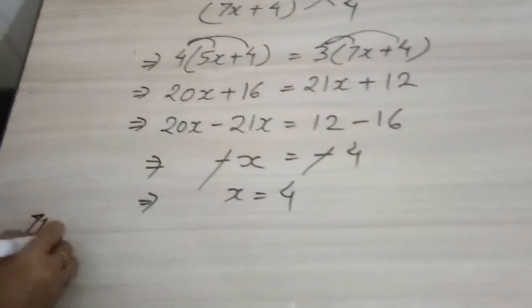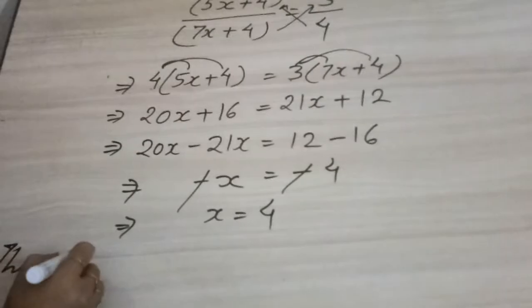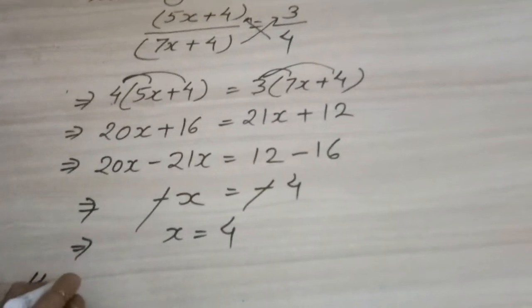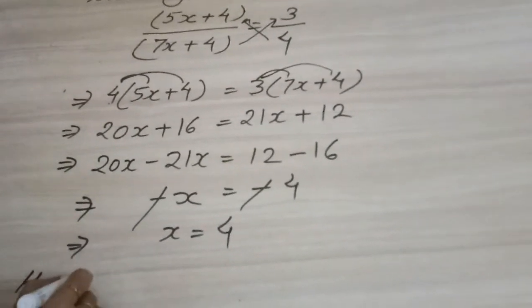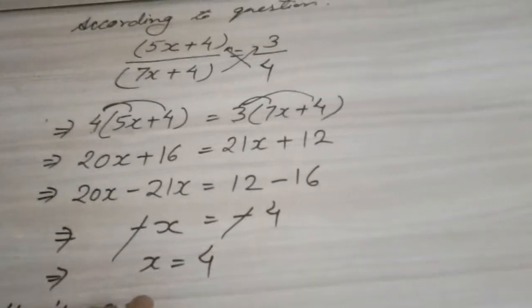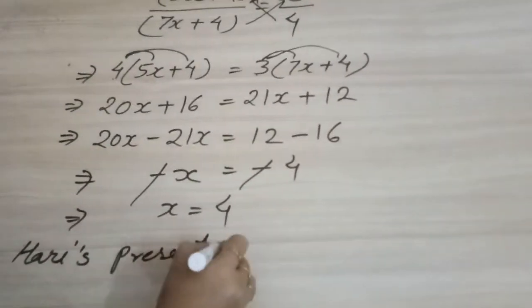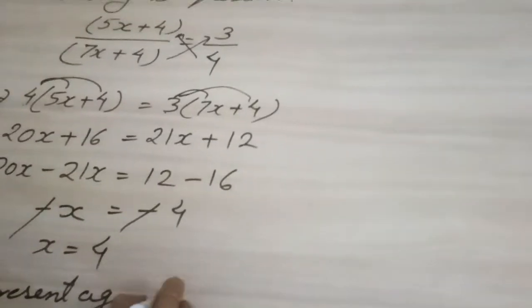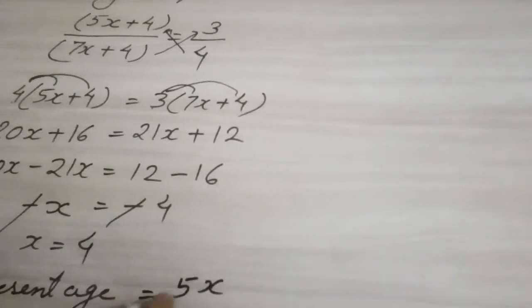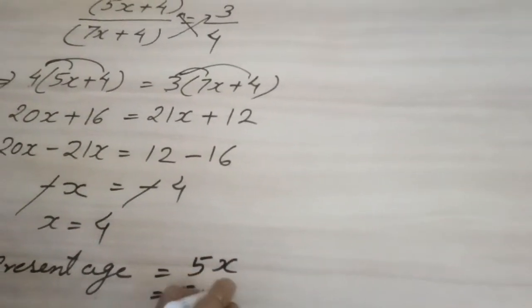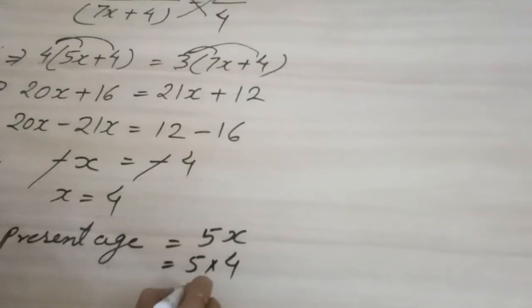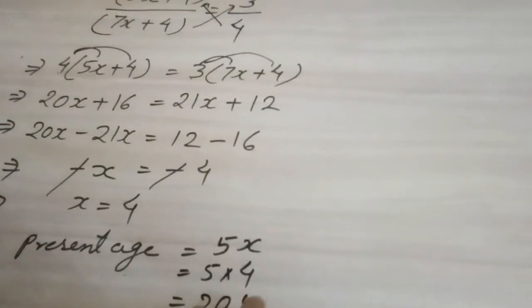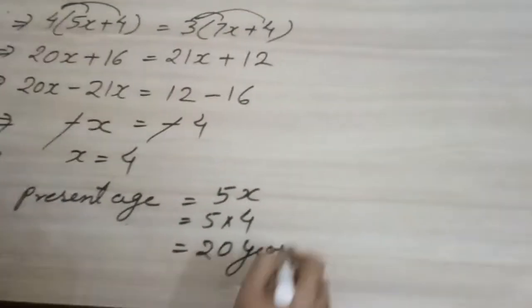Thus Hari's present age is equal to 5x, which is 5 into 4, equals 20 years.